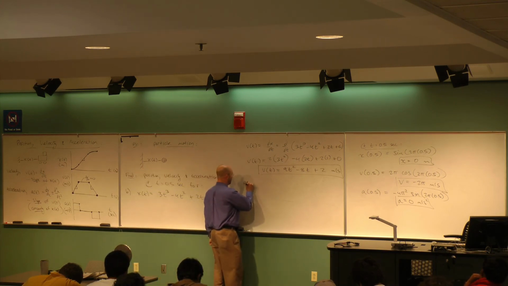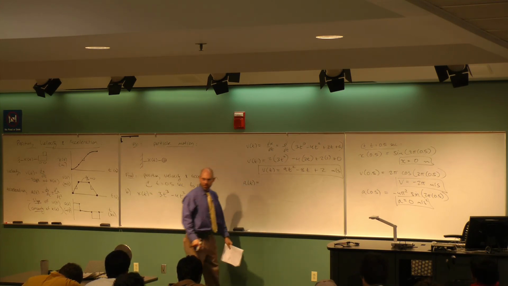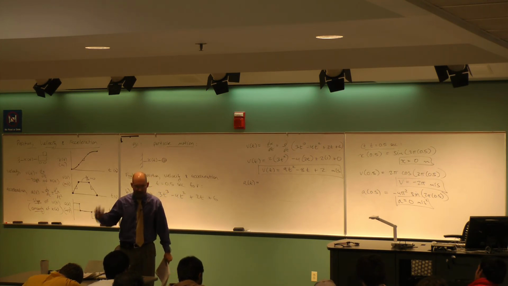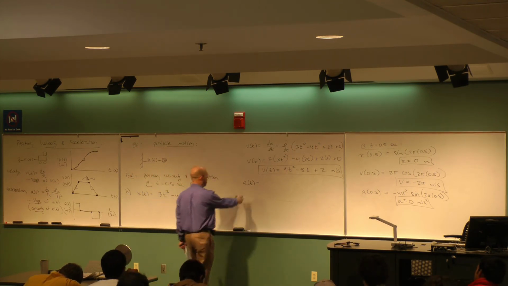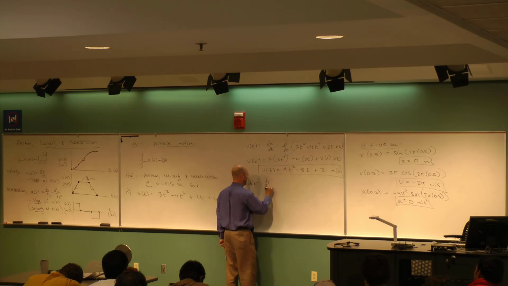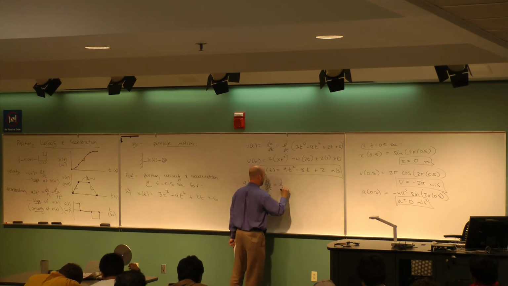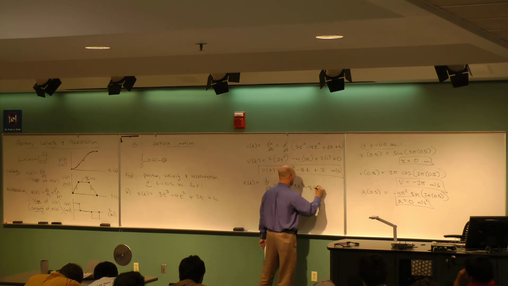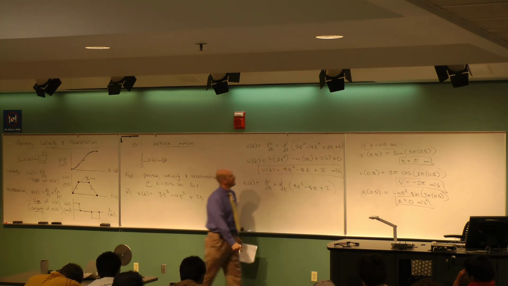Okay, acceleration. The beauty of polynomials in calculus is the further you go, the easier it gets. I knock it down one level every time. So a of t is now dv/dt. I need the derivative with respect to time of 9t squared minus 8t plus 2.